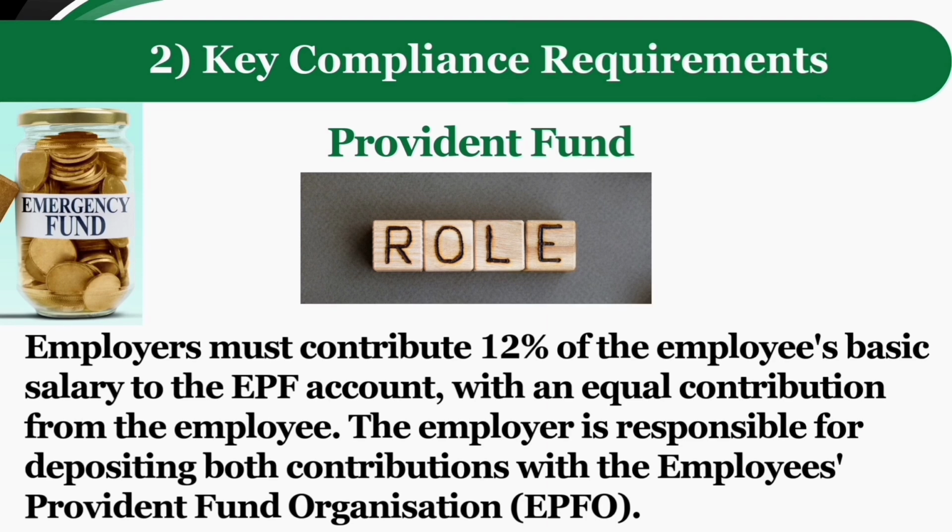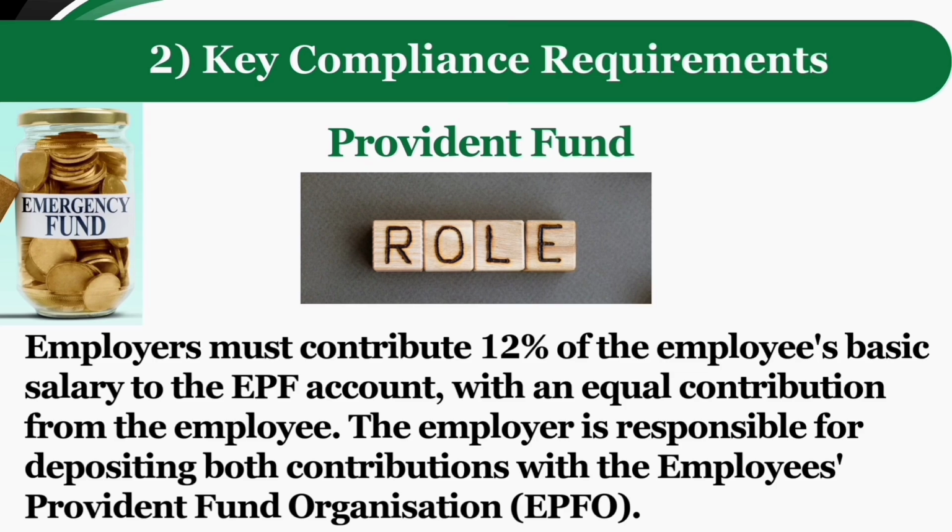Now let me clear it again. There are two sides of PF, Provident Fund. One is the employer side, the other is the employee side. The employer side is from employers only. They have to add that 12% plus cess and all from their side, and the employee side is deducted from salary, and that combined is deposited in the Employees Provident Fund Organization.